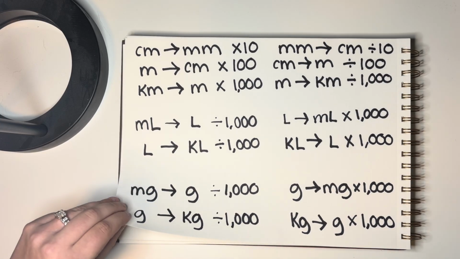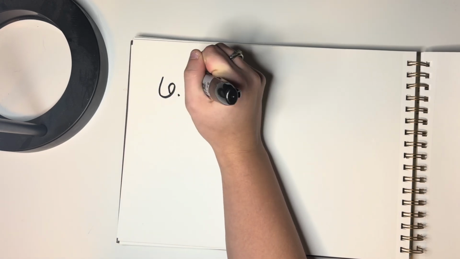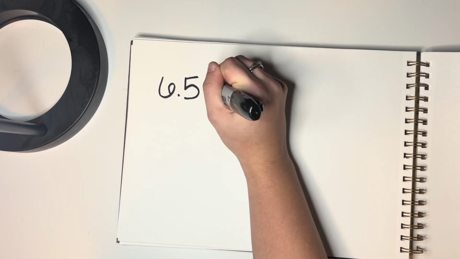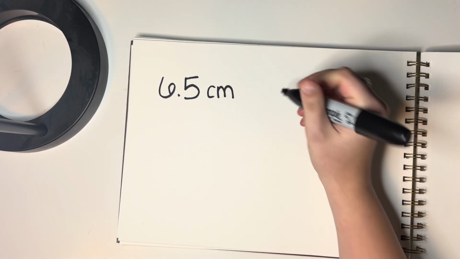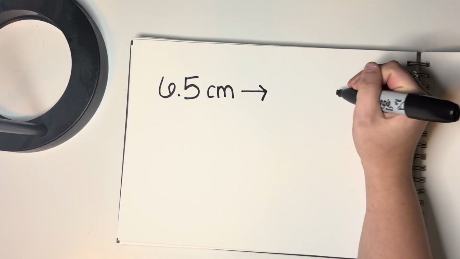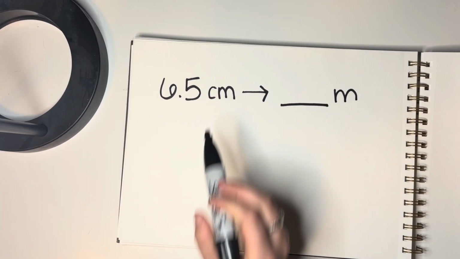So I am going to go through a practice problem for you guys to see how they would use this conversion chart. A problem might tell us that I have 6 5/10 of a centimeter, and I want to know how many meters this is. How many meters is 6 5/10 of a centimeter?